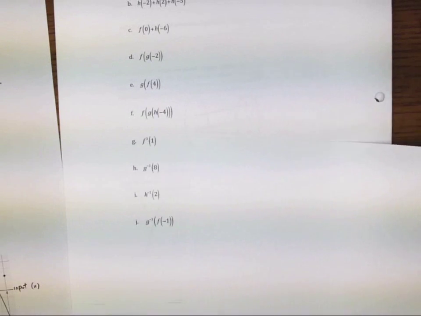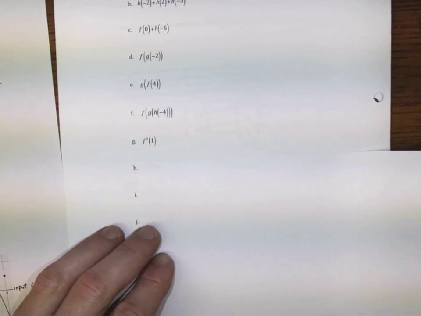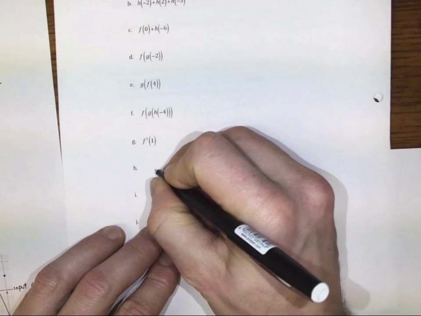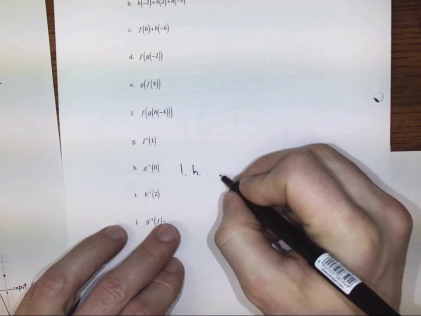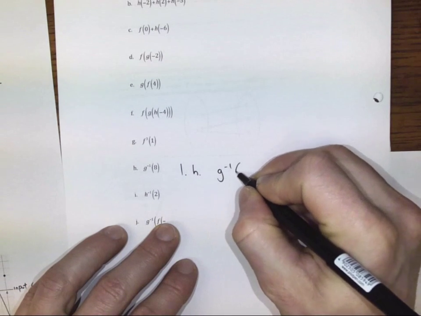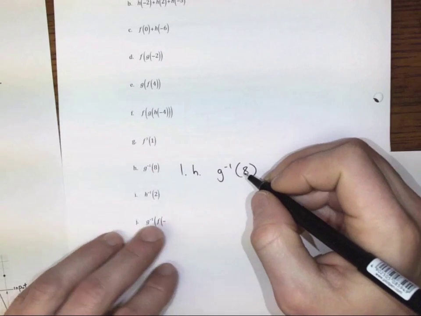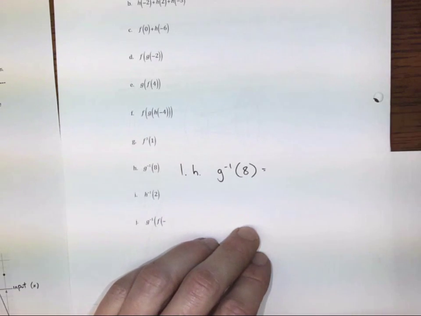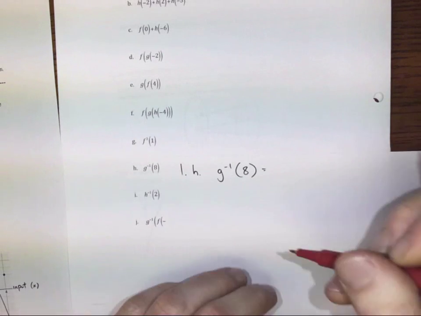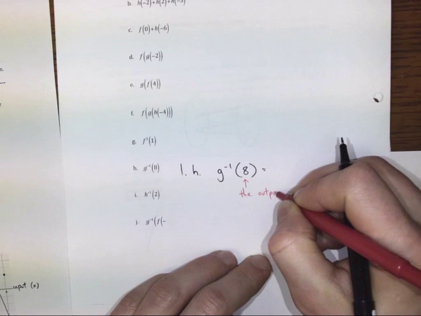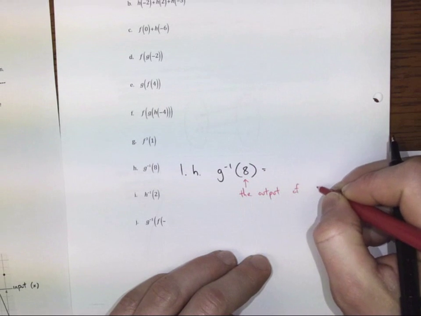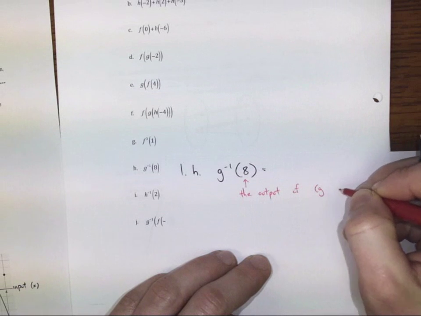And so for G, we've got H now. Okay, so H asks us to find the inverse of g of 8. So what that means is that we want to think of this being the output of g of x.